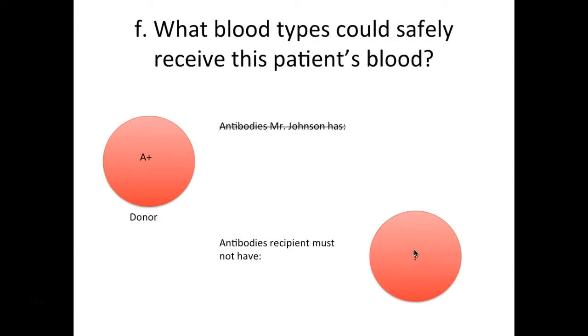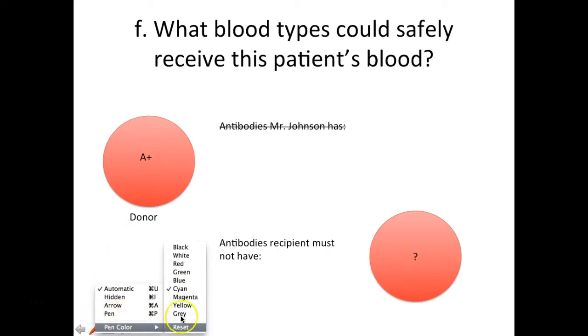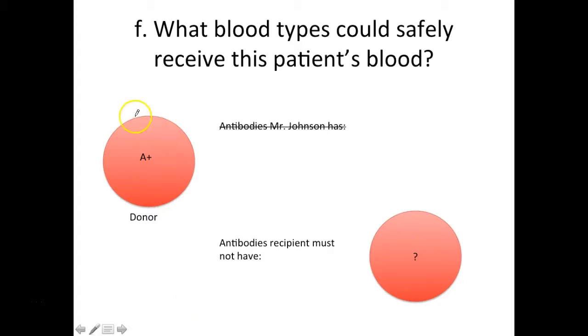Okay, so because Mr. Johnson has A positive blood, let's go back and review. What antigens will he have? The A antigen and the Rh antigen.